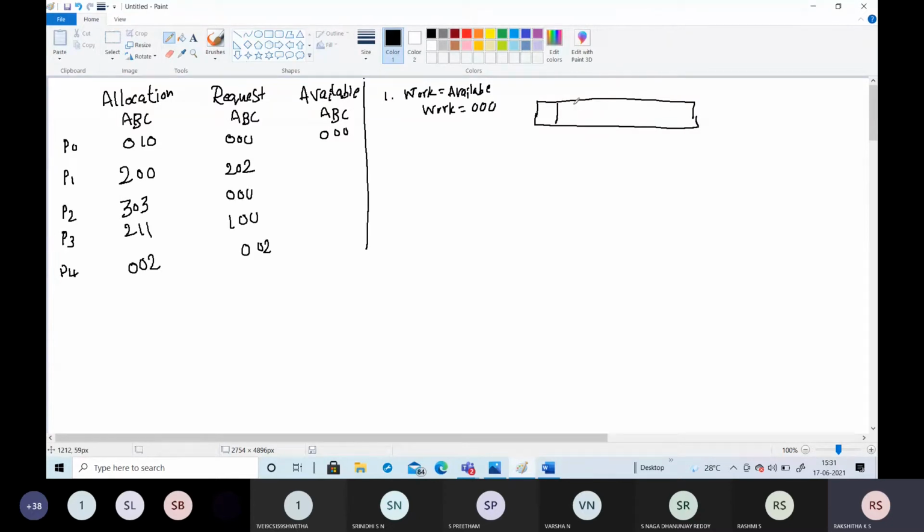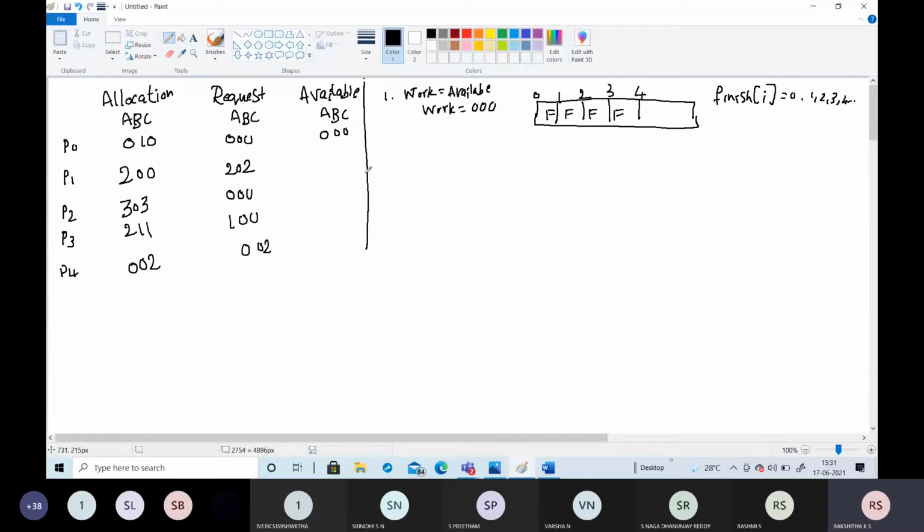So all Finish of i, for i equals 0, 1, 2, 3, 4, are in the false state.